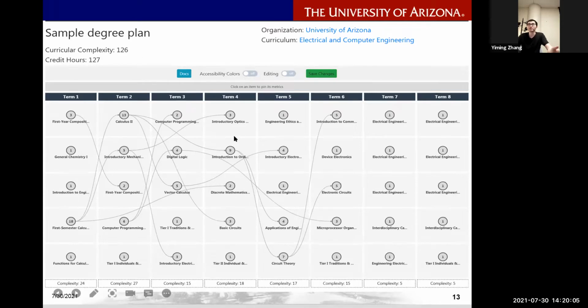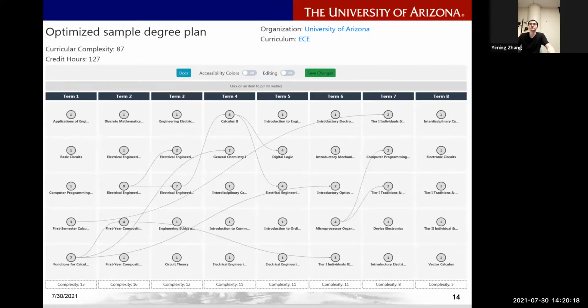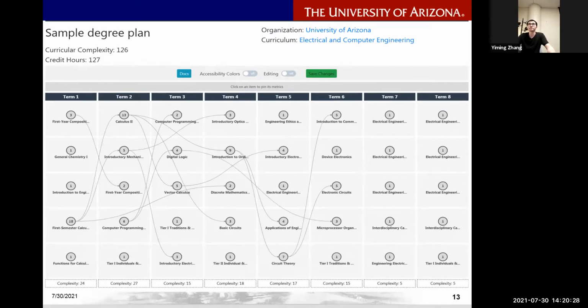And you can see all the information of nodes if you want. And after we run the optimization algorithm on this example, this is a new sample degree plan we get here. We can see both the number of prerequisites and the curriculum complexity drop compared to the original degree plan.